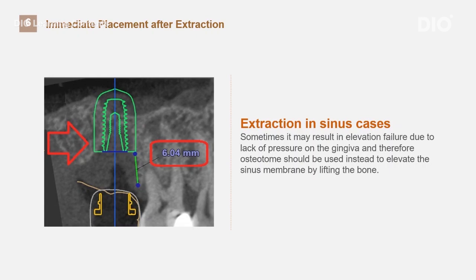For this reason, if the implant has to be placed immediately after extraction, and it requires sinus treatment in advance, other treatment methods such as the crestal or lateral approach should be available.